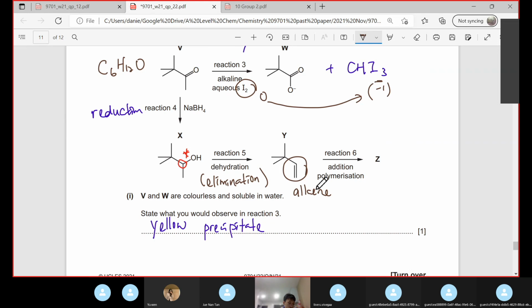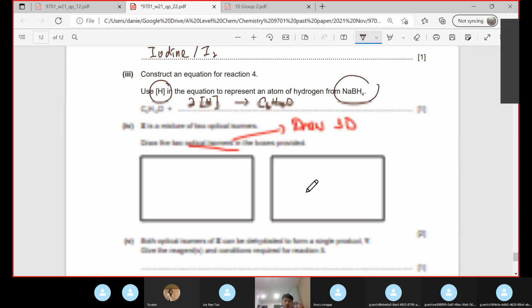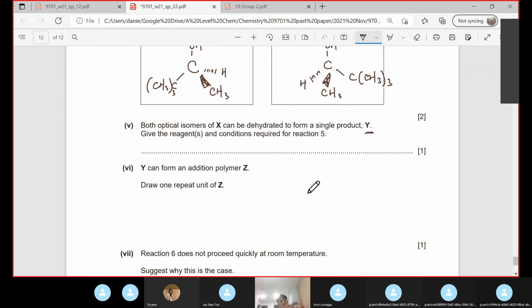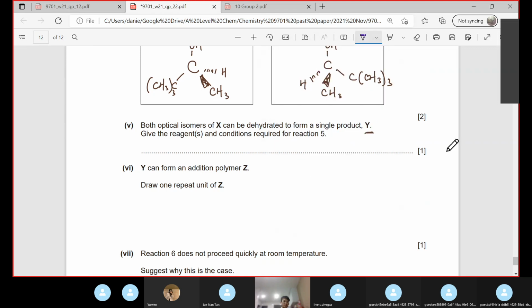So, reaction 5 requires, what is the reagent and condition required for reaction 5? Still remember? From alcohol to alkene. What is the reagent and condition required? There are quite a lot of answers accepted here.